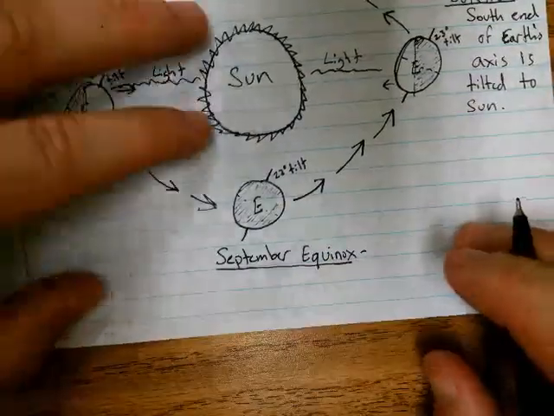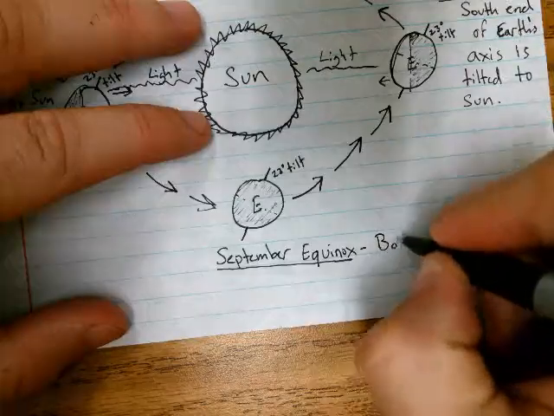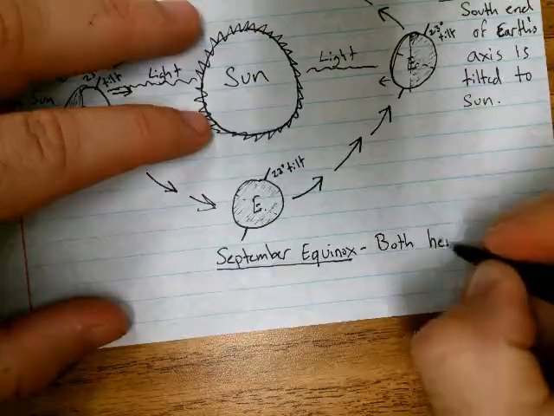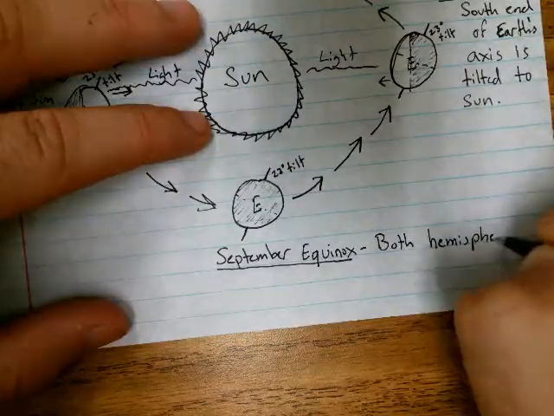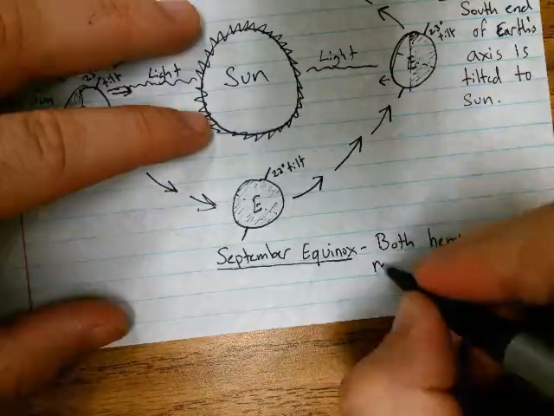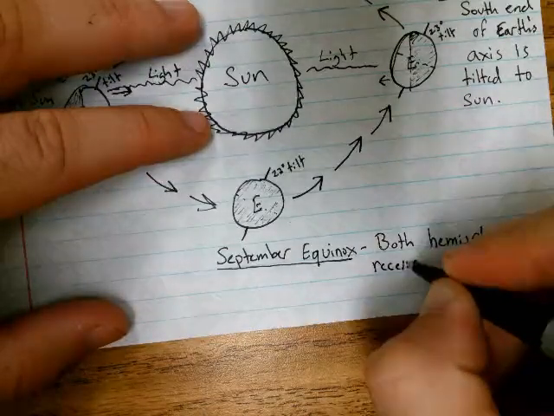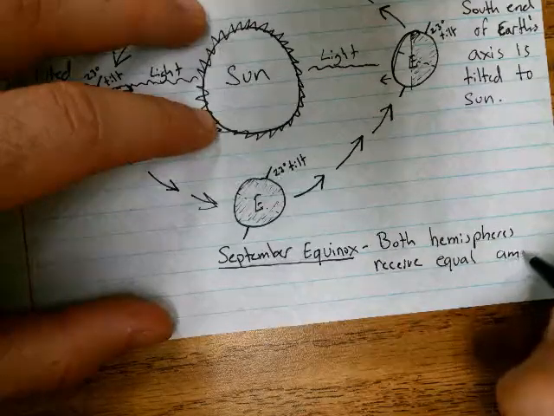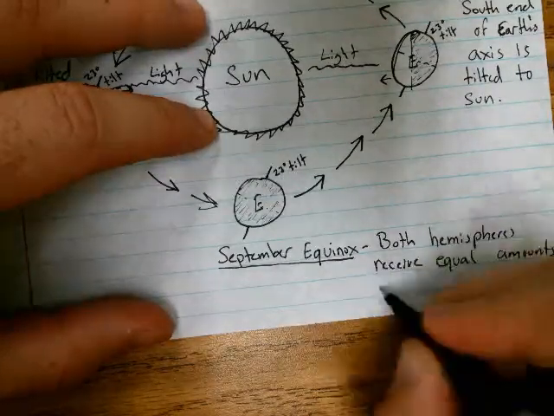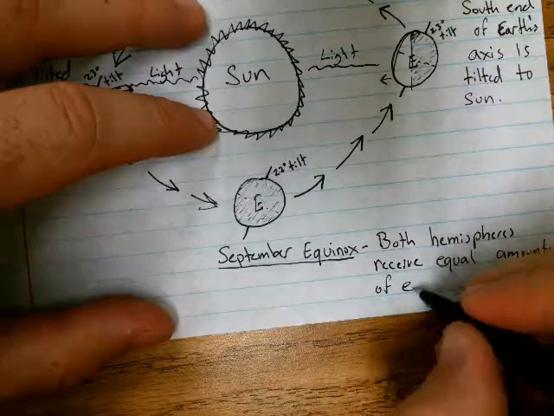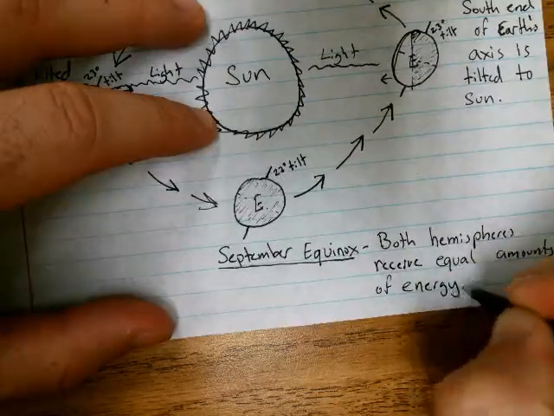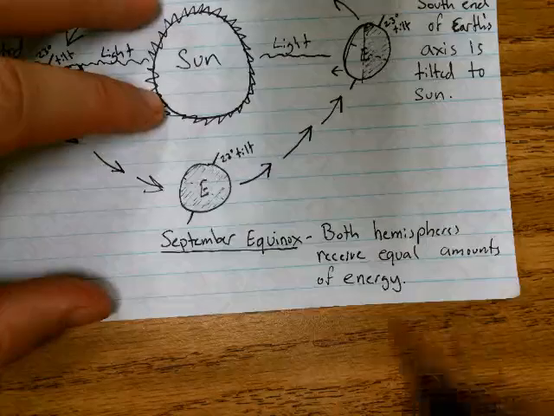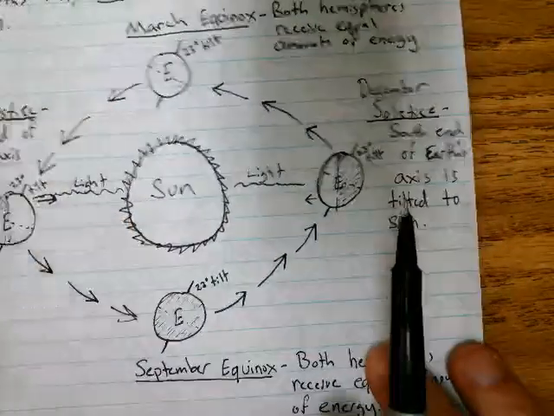During the September equinox, both hemispheres receive equal amounts of energy.